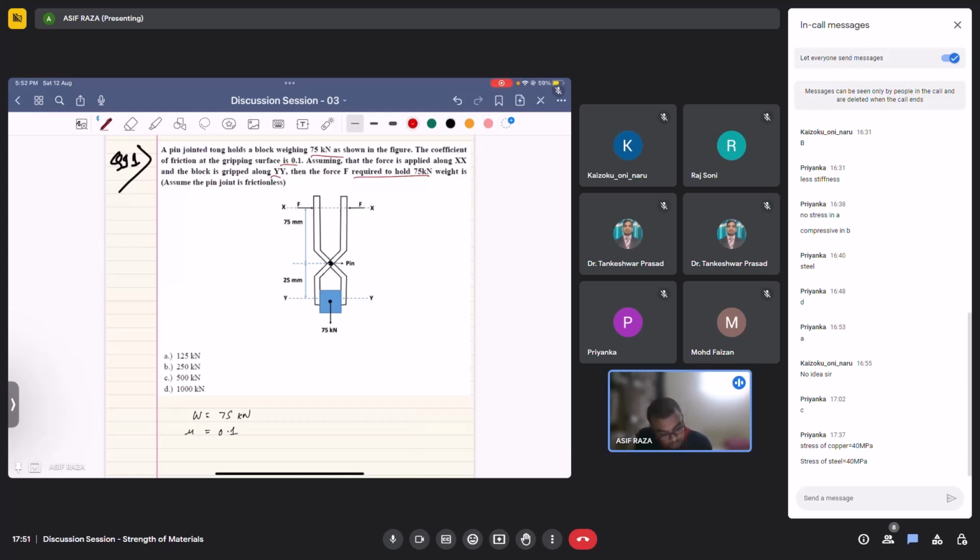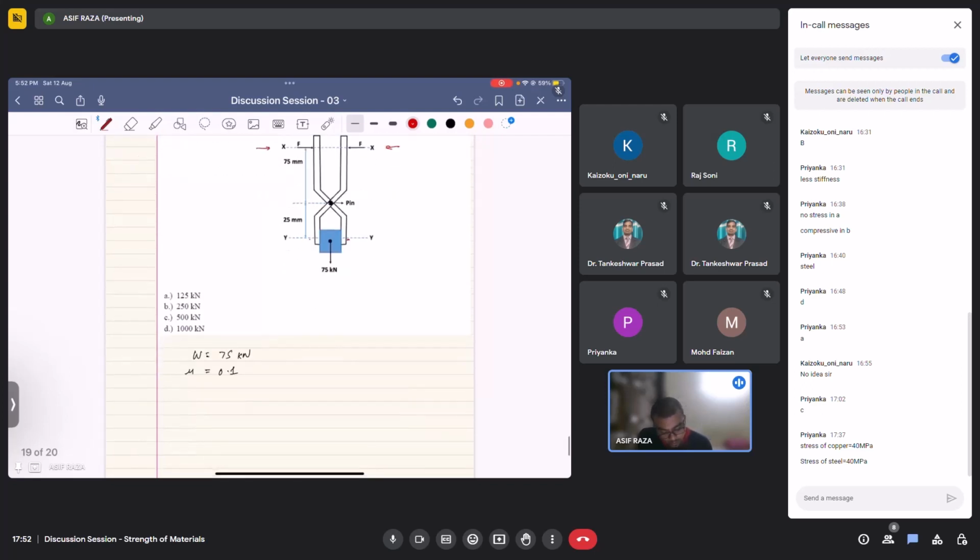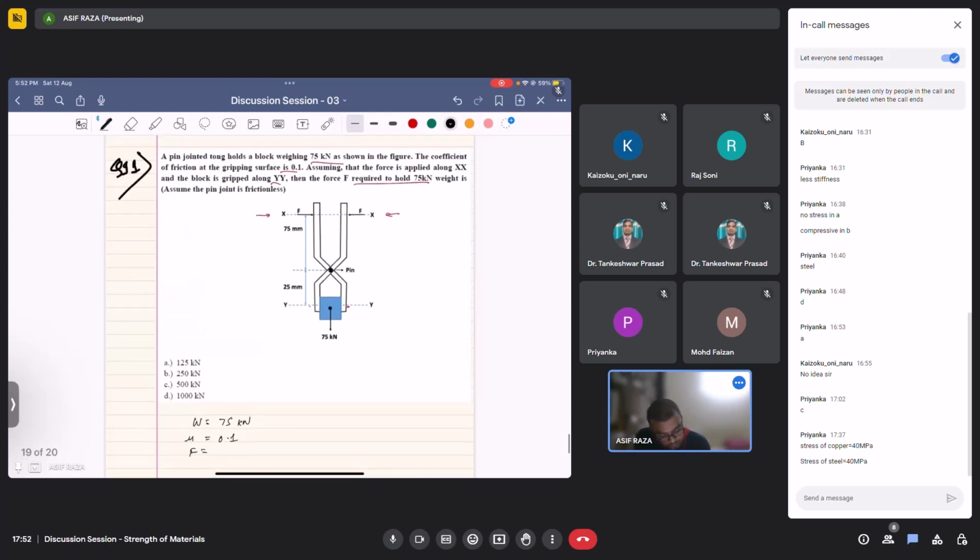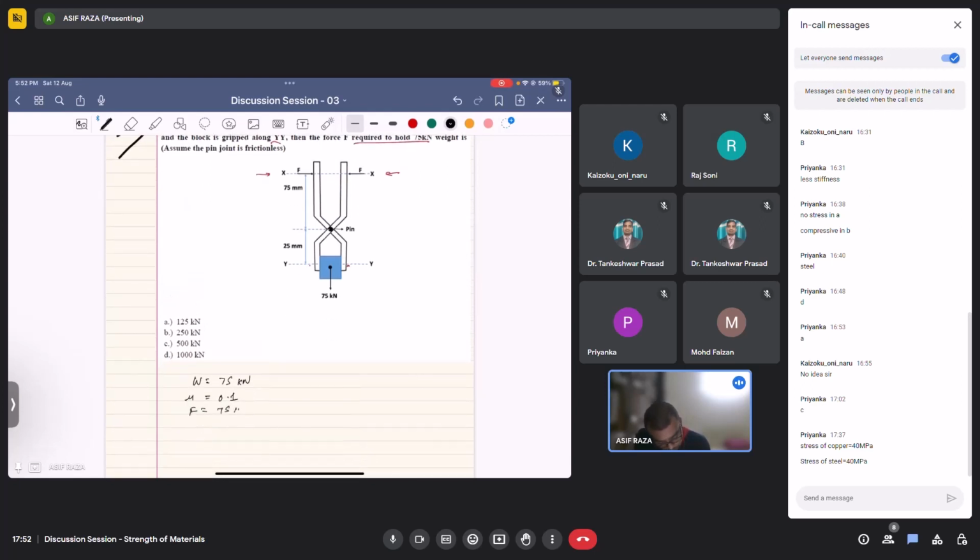So this is the force applied, right? Force applied is here, and the block is gripped along y here, and the force F is required to hold 75 kilonewton.